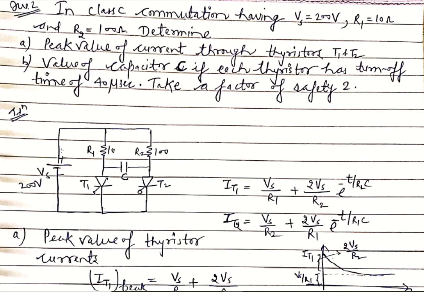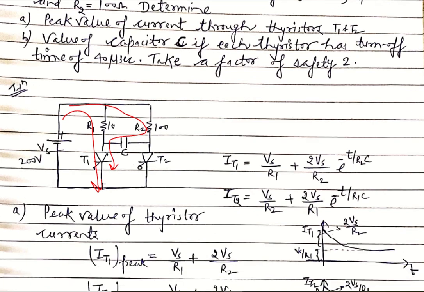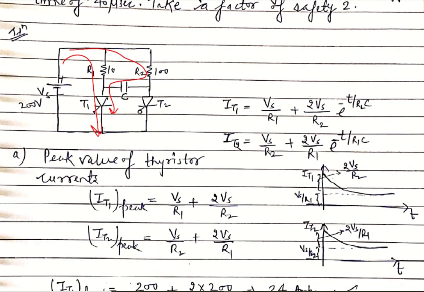In the first mode of conduction, thyristor T1 will be on, so two currents are flowing through these thyristors. One is from resistor R1 and the second from the R2 and C combination. We apply KCL, and we will see that IT1 will be Vs divided by R1 plus 2Vs divided by R2 e raised to the power minus t upon R2 C, where R2 C is the circuit time constant, and IT2 is Vs divided by R2.